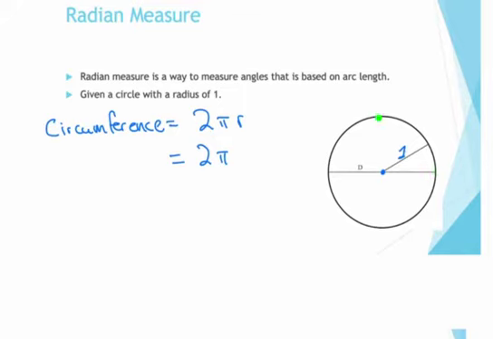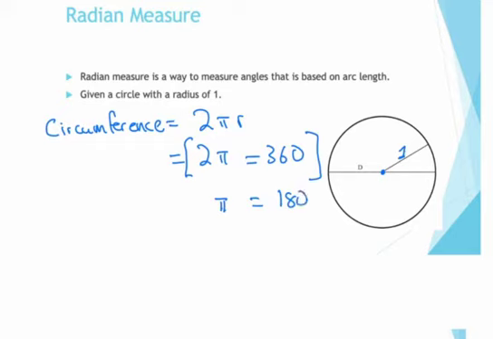Well, 2 pi is the circumference all the way around the circle, and that's 360 degrees. Now, consider if 2 pi equals 360, okay, so we're going to look at this right here. 2 pi is equal to 360. Half of 2 pi is pi. And half of 360 is 180.